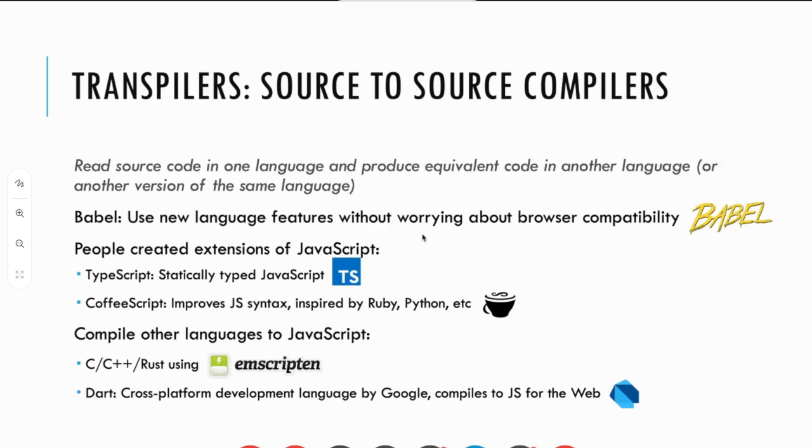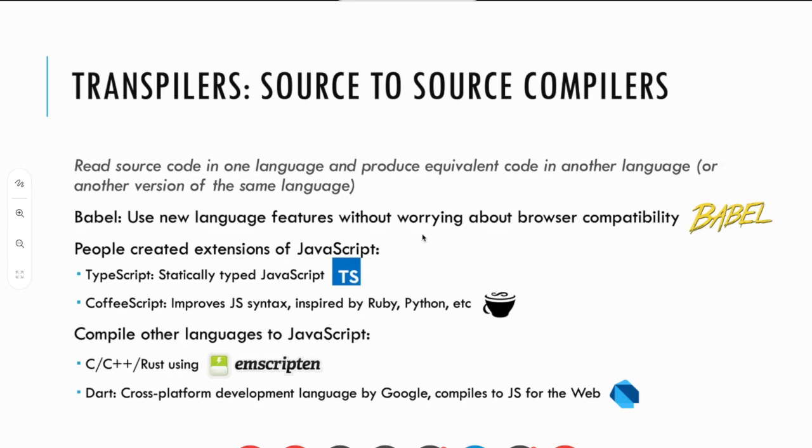So Microsoft came up with TypeScript, which is an extension of JavaScript that basically adds types to JavaScript and then finally transpiles to JavaScript to run in the browser. Then there was also the introduction of something called CoffeeScript, which improved the JavaScript syntax by taking inspiration from syntaxes in languages like Ruby, Python, Haskell, etc. Apart from these extensions, it was also possible to compile other languages to JavaScript, like C, C++, Rust, right?